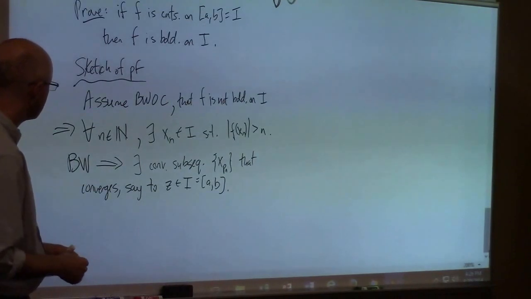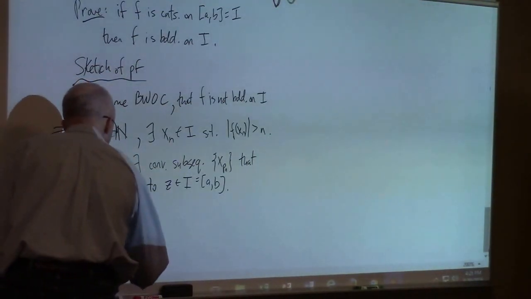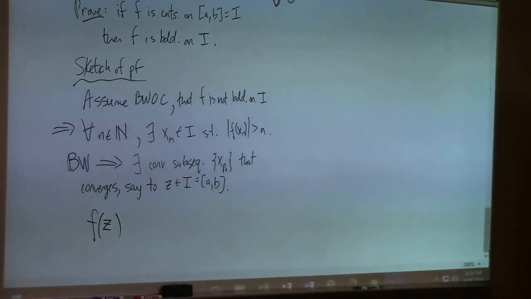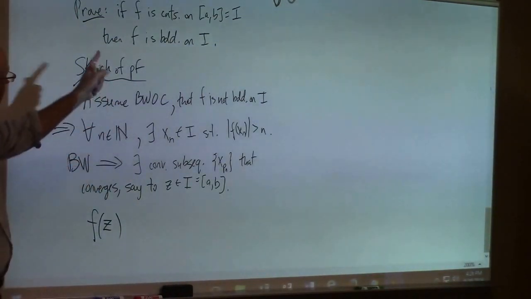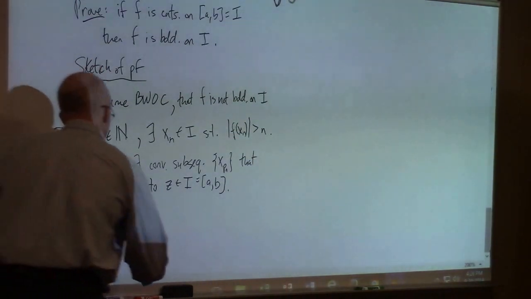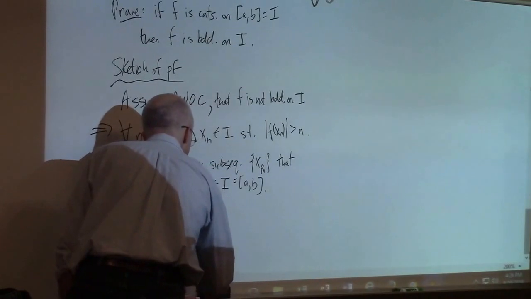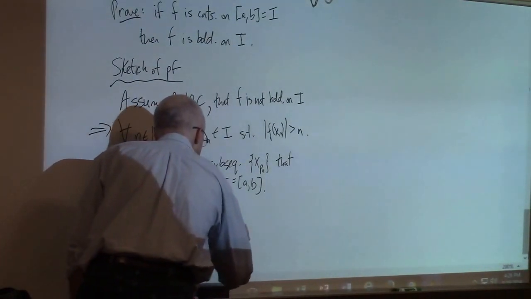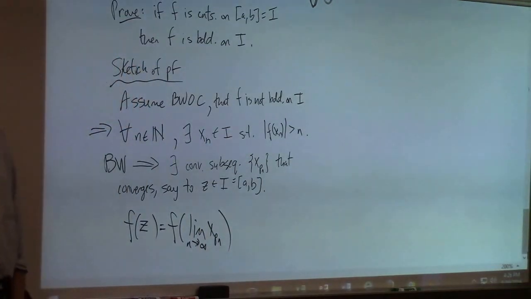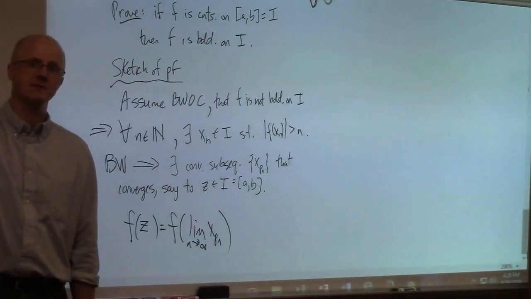So how's the continuity going to be relevant? You could write the following equation. By continuity, you could say f of z, which is defined since z is in I and f is defined in I. Since z is the limit of the subsequence, you could write that. And the continuity essentially allows you to pull the limit sign out in front of the function.